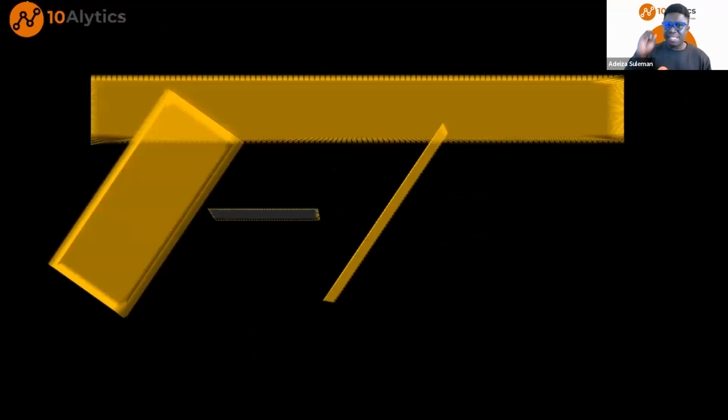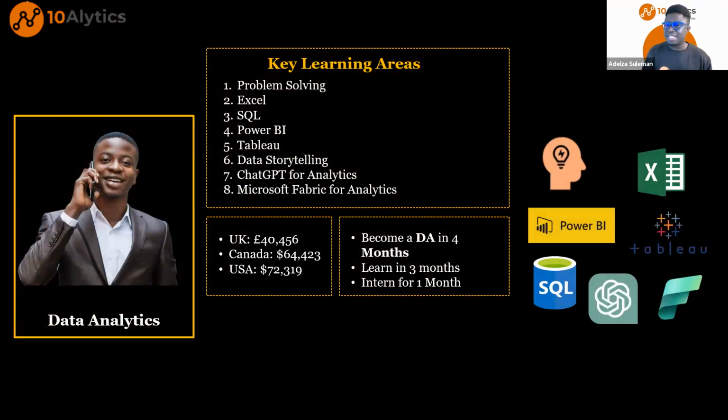Your very first role as a data analyst is to solve problems. So when somebody asked me the question the other time, will you always be given the question to answer when you have data to analyze? And I said yes and no. Yes, because you can get those questions by asking the right type of questions. And no, because the people you are going to ask at some instance may not even have an idea on what should be done. And that's where you as a data analyst need to know how to define problem statements.